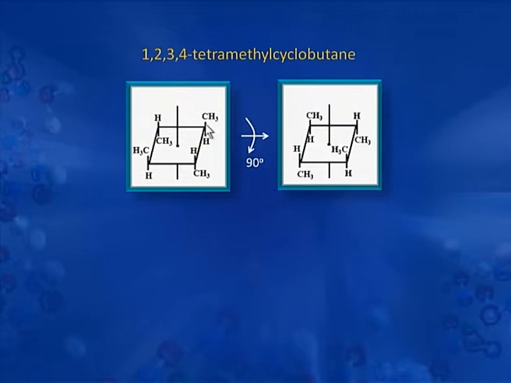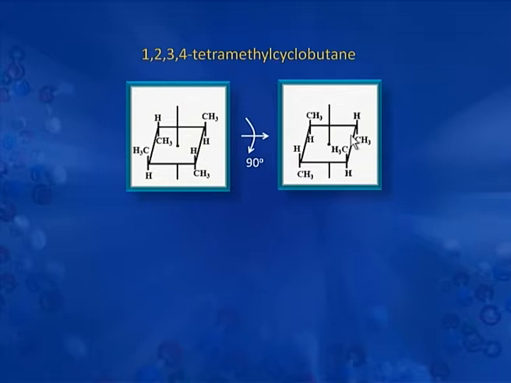This carbon where methyl was above, after rotation of 90 degrees across this axis will occupy this corner, means here. So, this is methyl above and hydrogen below. This corner shifts to next, that is hydrogen and methyl above and below. Then this corner shifts here, that is methyl and hydrogen above and below.